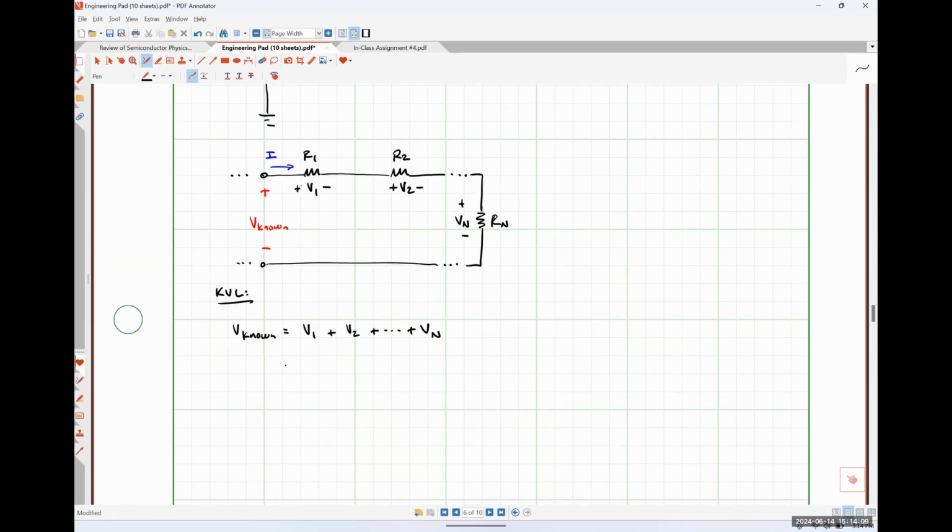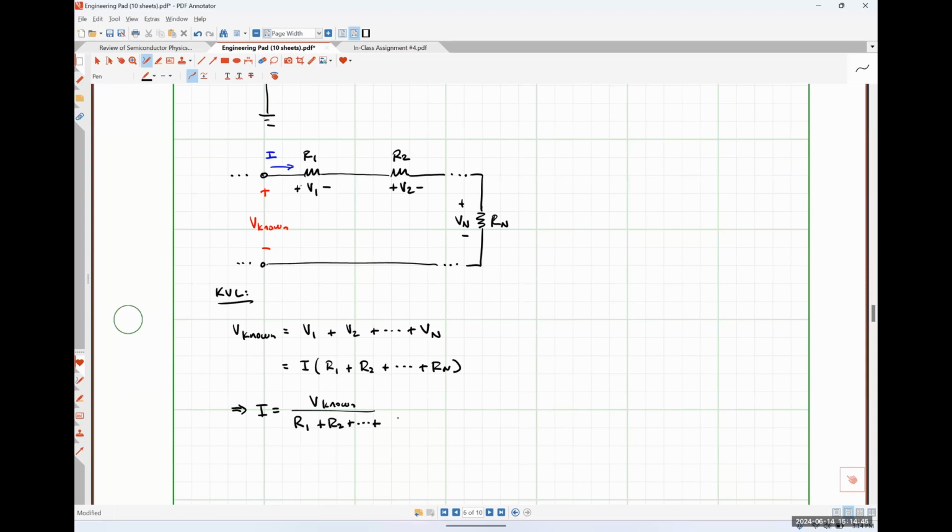And we know that we can express all of those voltage drops in terms of that current I. So that's going to wind up looking like I times R1 plus R2 all the way out to R sub n, like so. And we could rearrange and say then that I is nothing more than our known voltage drop divided by the sum of all of those resistors in series.